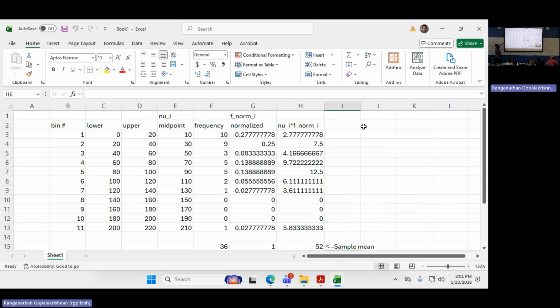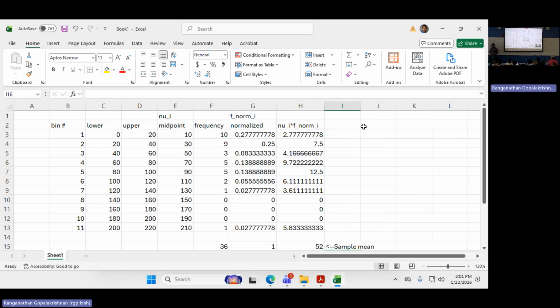So where will 52 come? It will come somewhere between 40 and 60. Sorry, if I go by midpoint, it will be between 50 and 70. So all the values before this bin will look negative when I calculate nu i minus x bar, and all these will appear positive. That is after the mean.